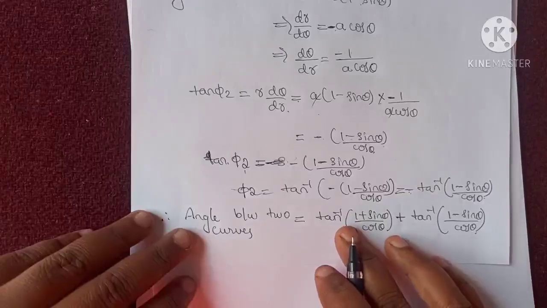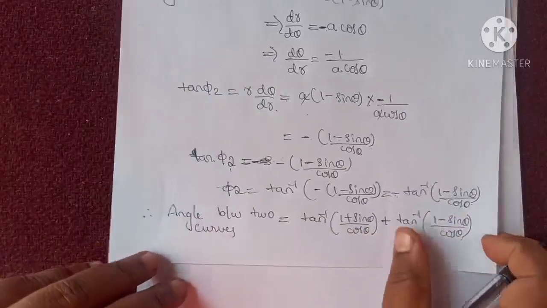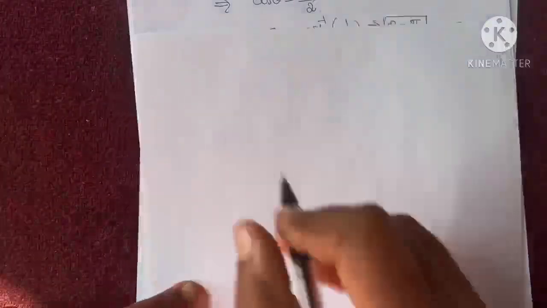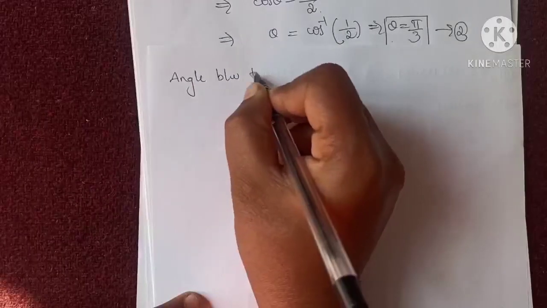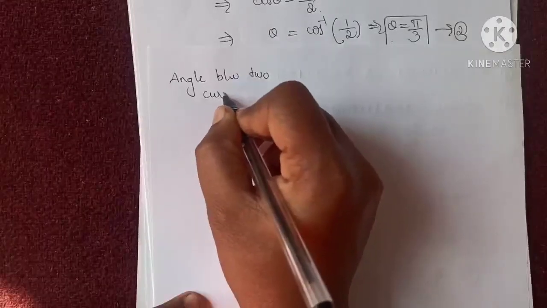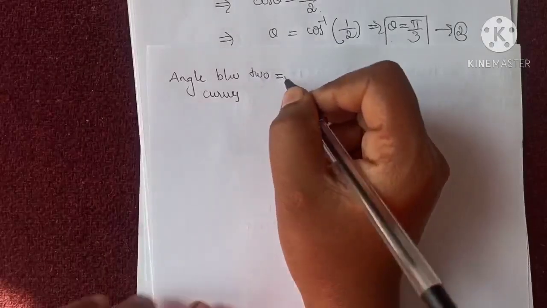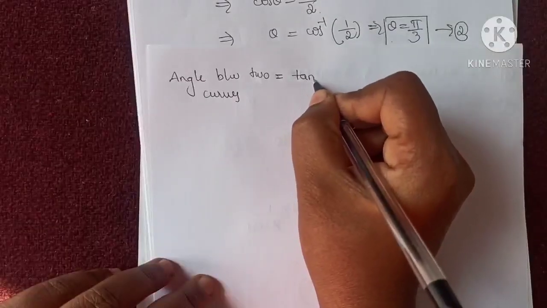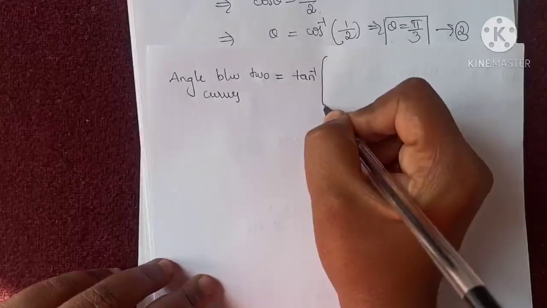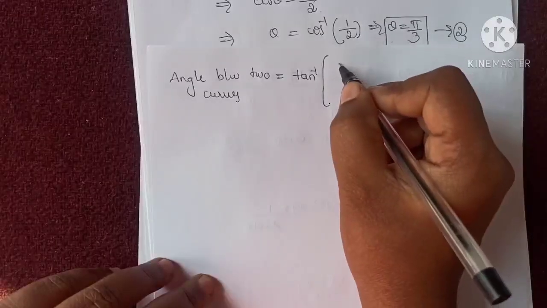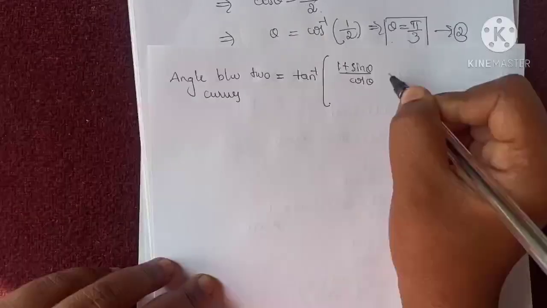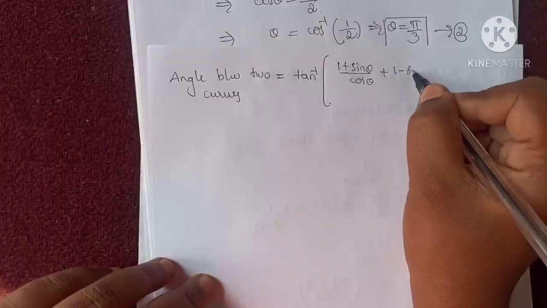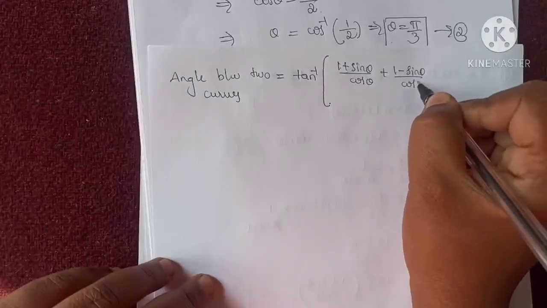Now applying the formula tan inverse of A plus tan inverse of B, we get tan inverse of A plus B, whole divided by 1 minus A into B. A means 1 plus sin theta divided by cos theta, and B means 1 minus sin theta divided by cos theta.